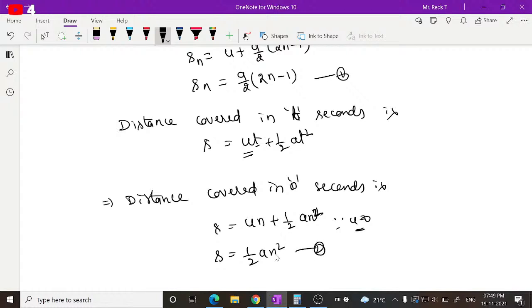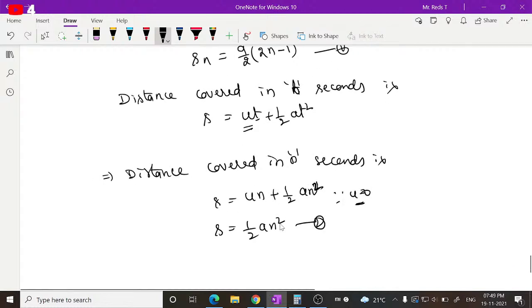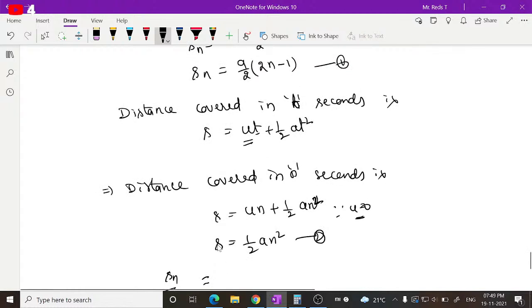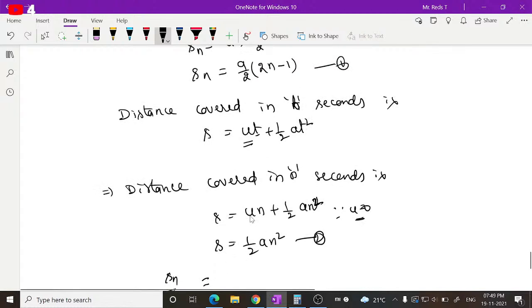Let us take this as equation 2. Then the ratio of these two we are asked to find. Sn by s, where Sn is a by 2 into 2n minus 1 from equation 1.